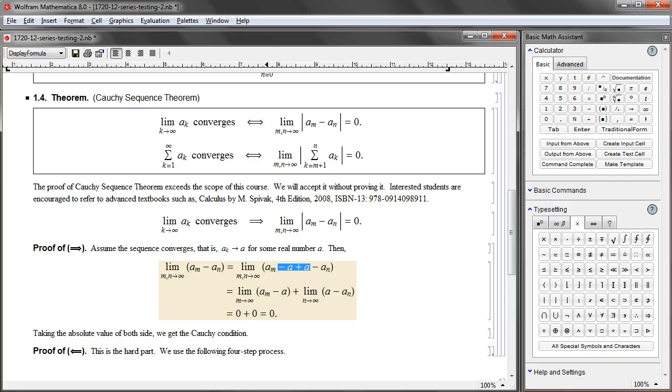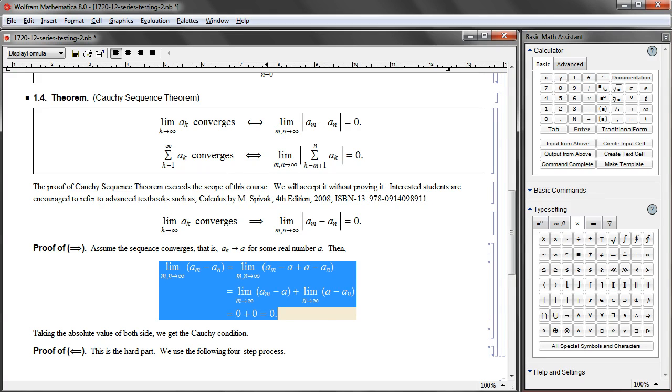And then let's just apply the limit rule. a_m minus A goes to 0 because we just assumed the sequence converges to A. How about A minus a_n? That also goes to 0 because we assumed the sequence converges to A. So what do we have? We get 0 plus 0, which is 0. And that's precisely what we wanted to prove in the end.